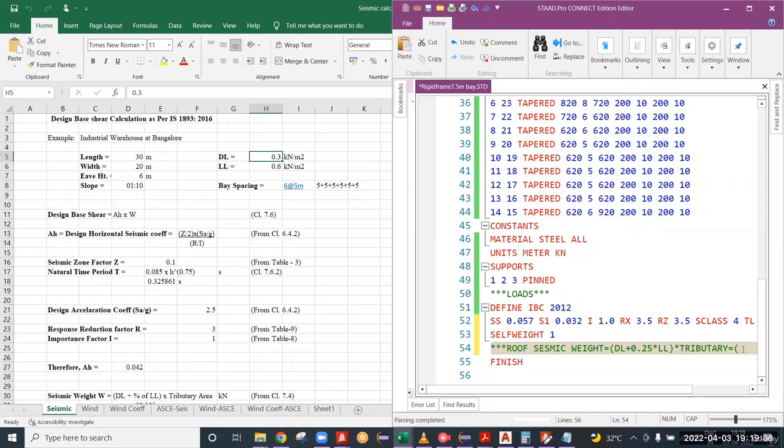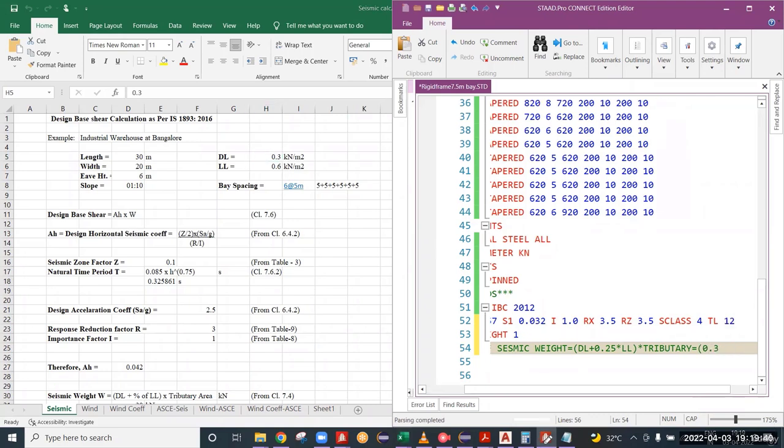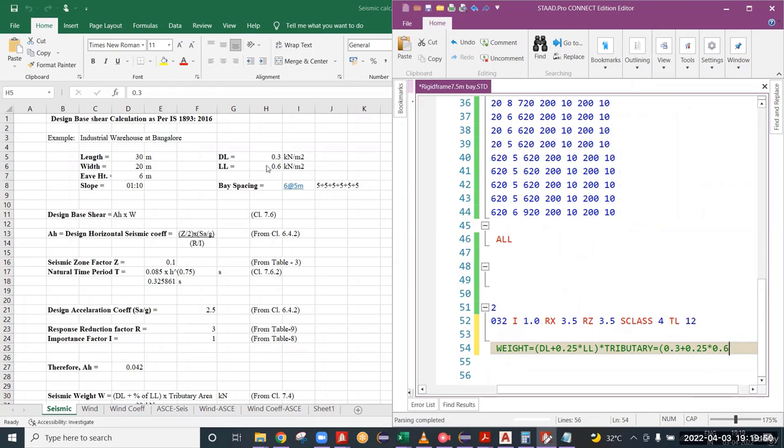Okay, so dead load is 0.3 plus 25%, nothing but 0.25 into live load 0.6. All these things, what values we have taken in example, that is the things I am taking here in the practical session. Except length and width and tributary, only geometry has been changed. The loads what we have taken in our example, those are the same loads I am taking here.